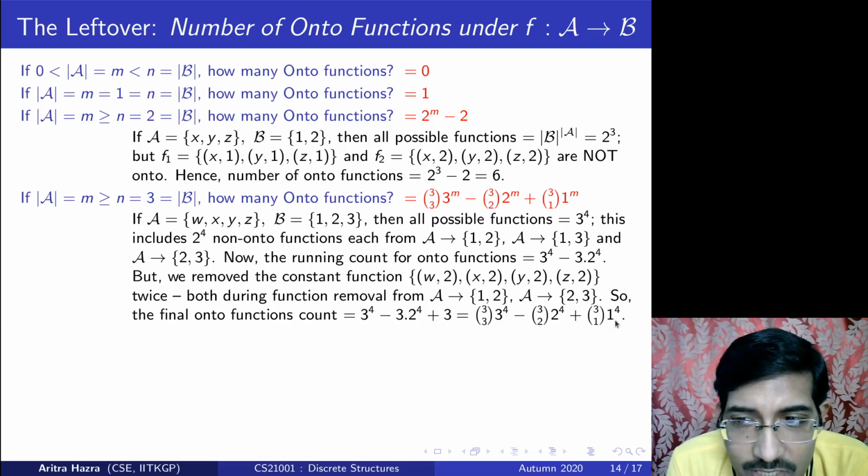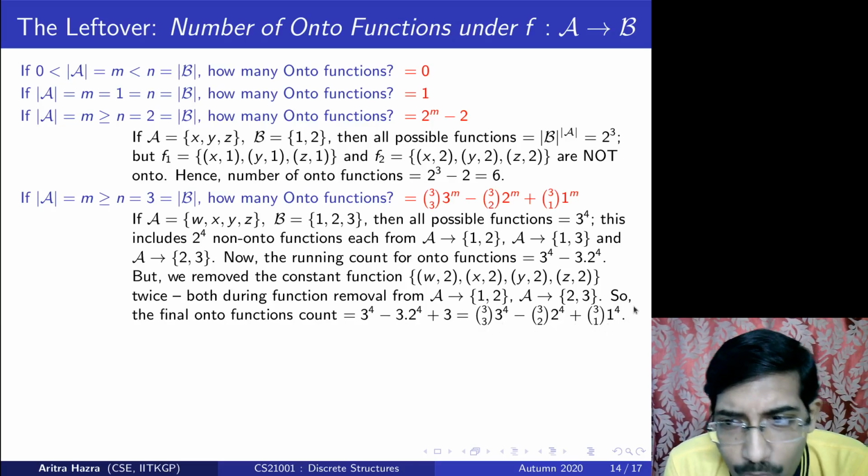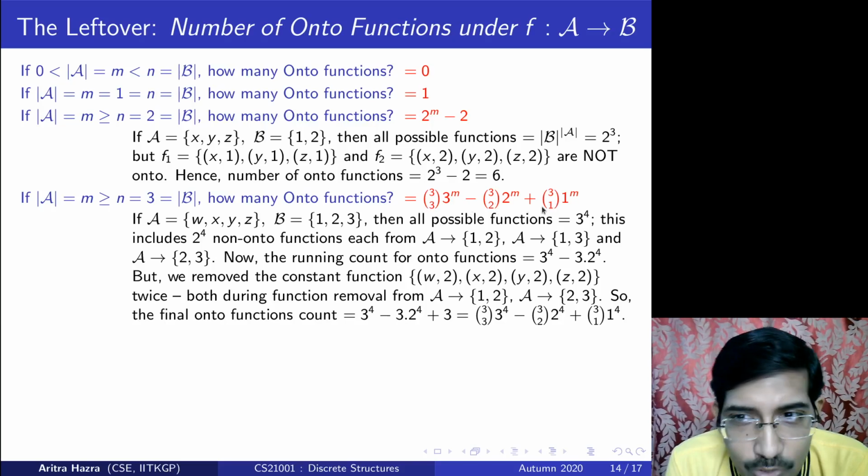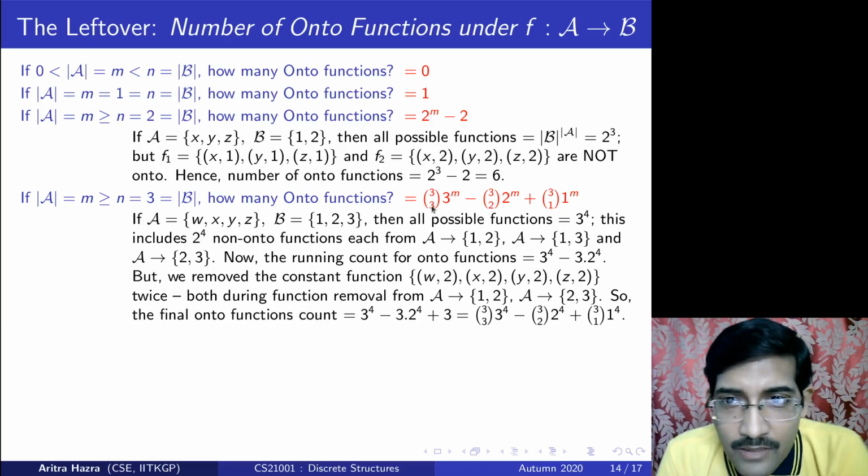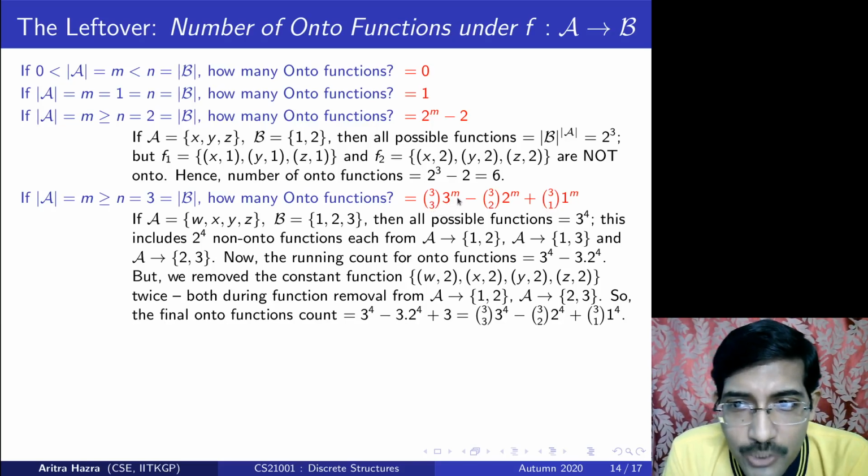In 3C1 ways. Now we are at a situation to somehow bind this with respect to a formula that I magically showed you in red previously. So it is 3C3 into 3 to the power m, where m is 4 and appears everywhere, then 3C2 into 2 to the power m, 3C1 into 1 to the power m.